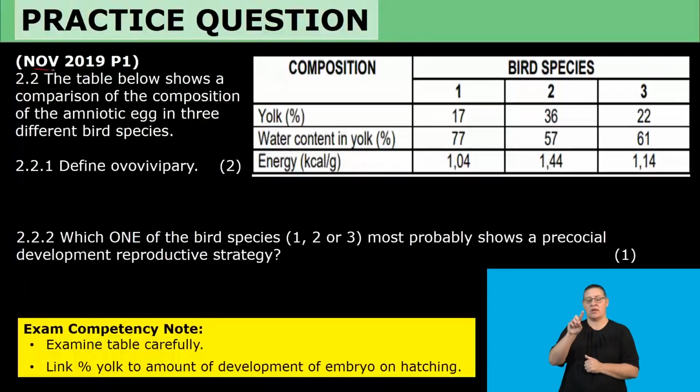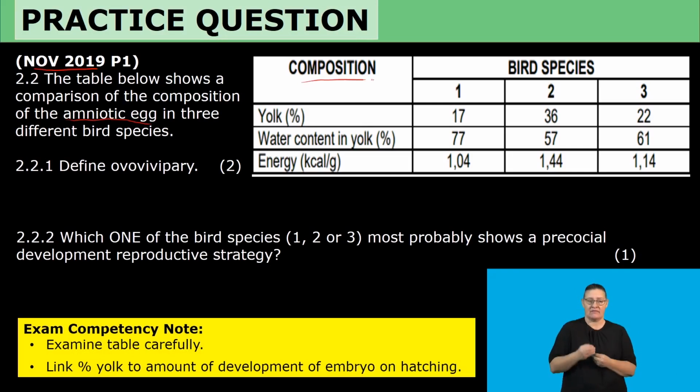We are back from our ad break, and let us see if we can engage in more questions. Again, we are still dealing with reproductive strategy. Let us look at this question here, November 2019, Question 2.2. The table below shows a comparison of the composition of the amniotic egg in 3 different bird species.